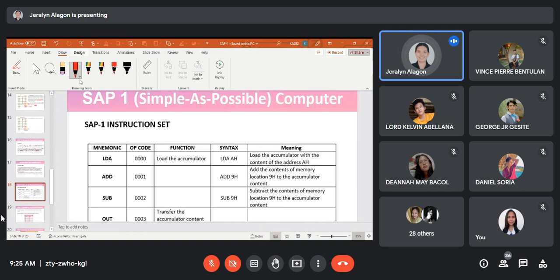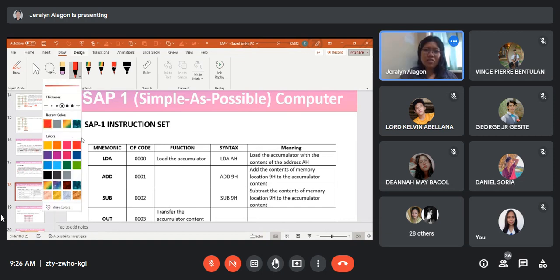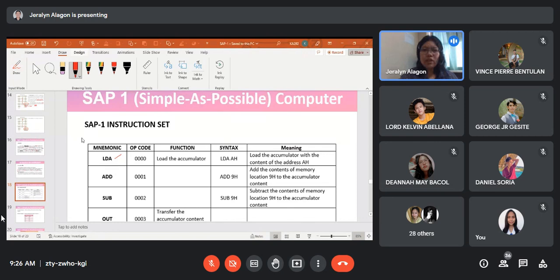So, what are the instructions that our SAP1 can handle? There are only 5 in total. LDA, or load the accumulator. When you write LDA, what it means is load the accumulator with the content of the address.